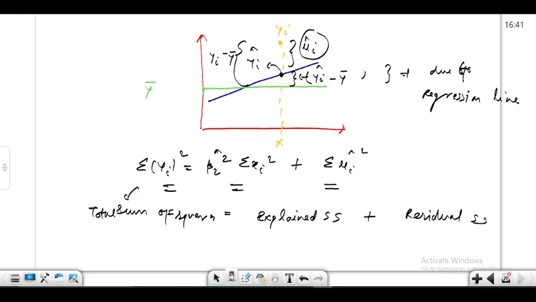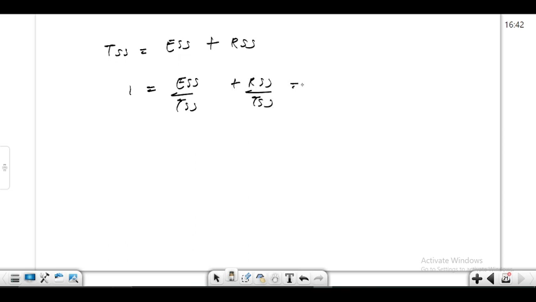Okay, right? So your TSS is basically your ESS, explained sum of squares, plus RSS. If I divide this by TSS, ESS upon TSS plus RSS upon TSS, this can be written as summation yi hat minus y bar whole square upon summation yi minus y bar whole square.